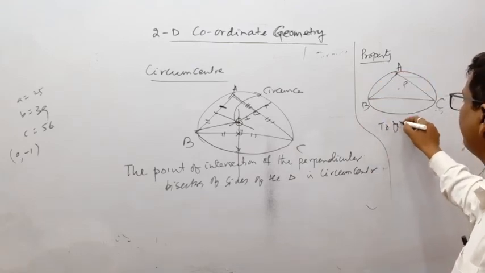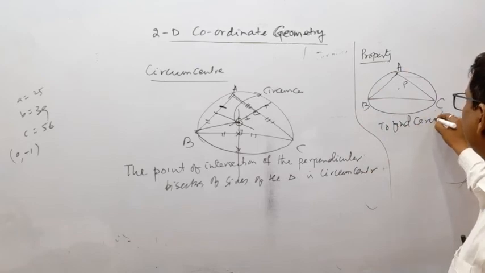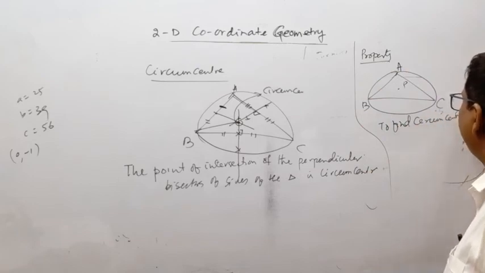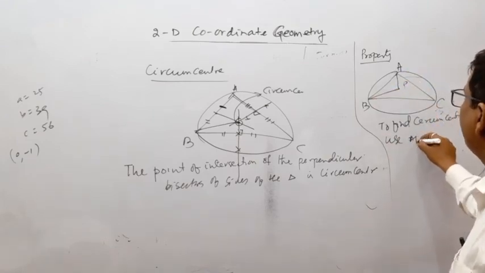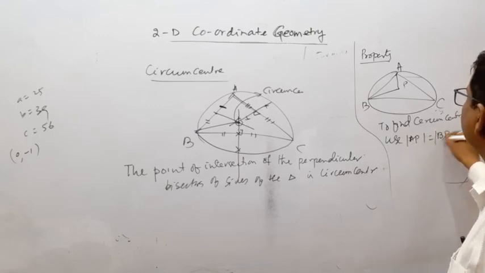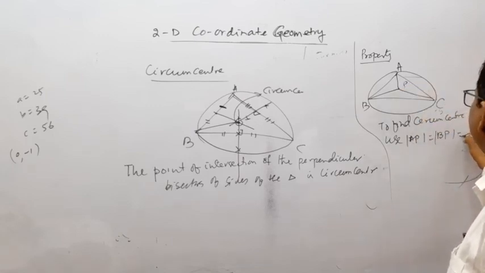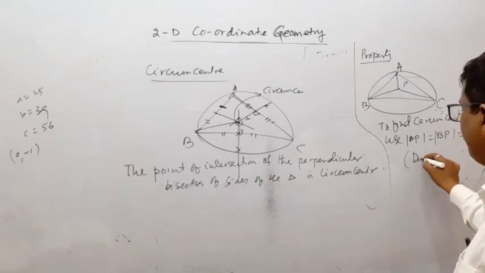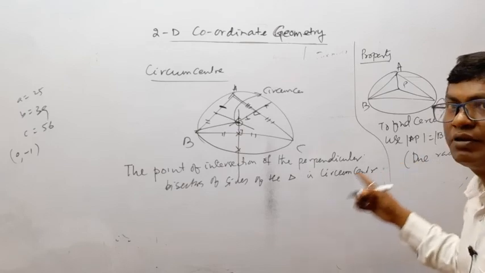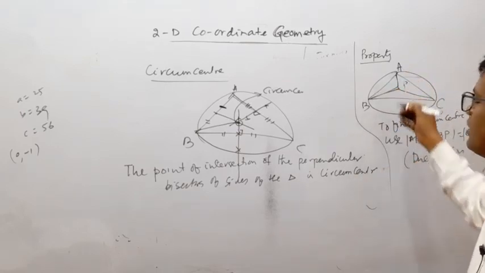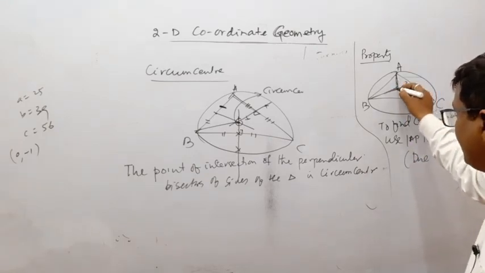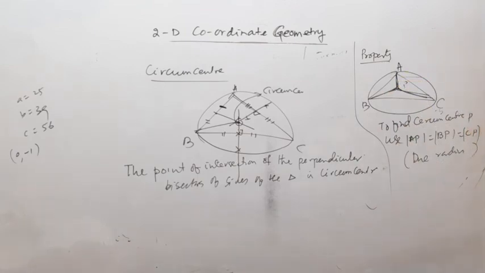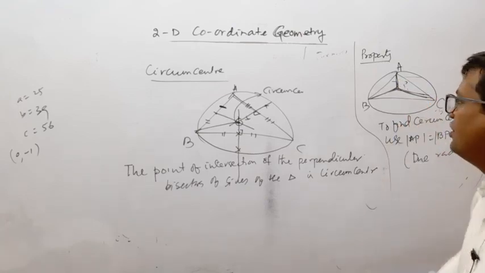To find circumcenter P, use the property: AP distance is equal to BP distance is equal to CP distance, equal to the radius. These three are equal. Equating these distances, we find equations in x and y, and solving the equations we get x and y, which gives the circumcenter.